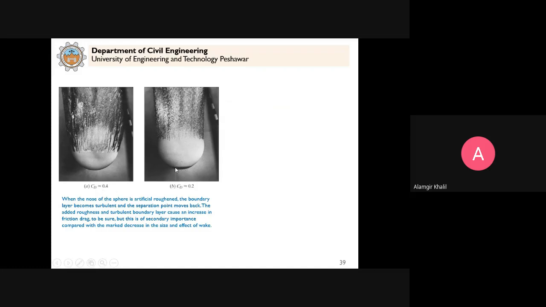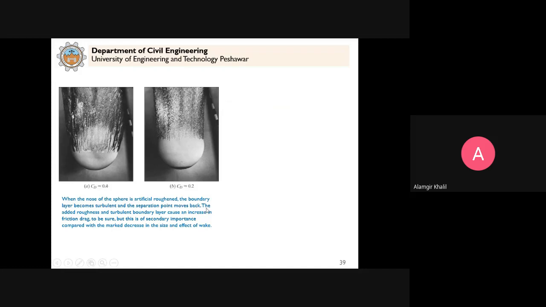But in this case, the nose or the front of this sphere is made rough. Clear? This is made rough, artificially made rough. So then in that case, this drag coefficient is reduced to 0.2 from 0.4.